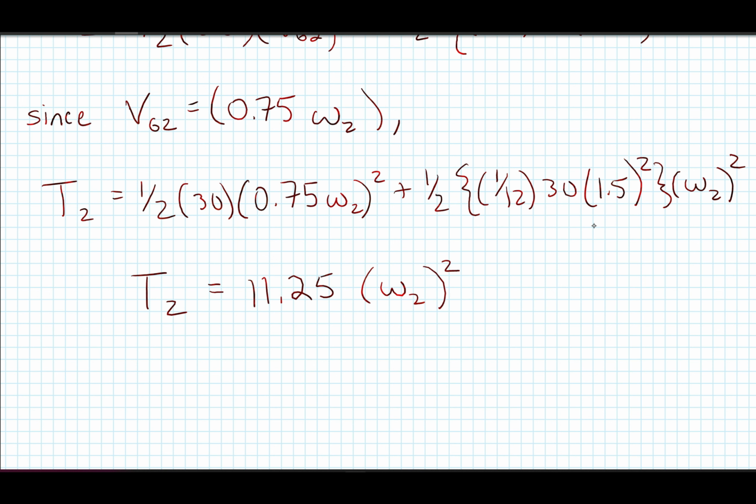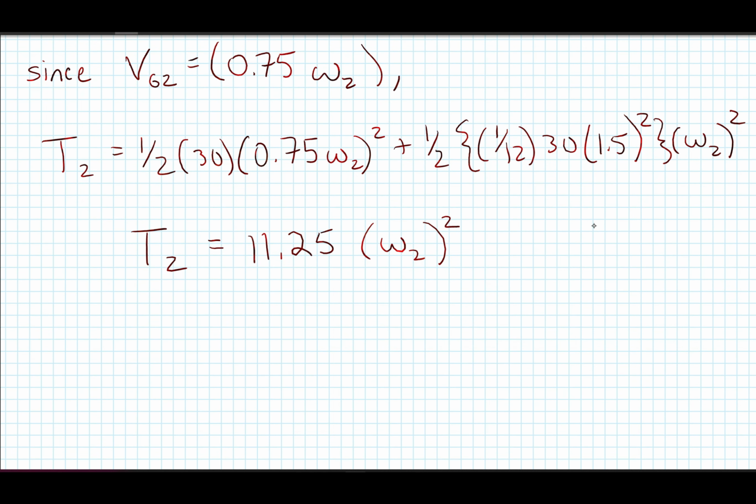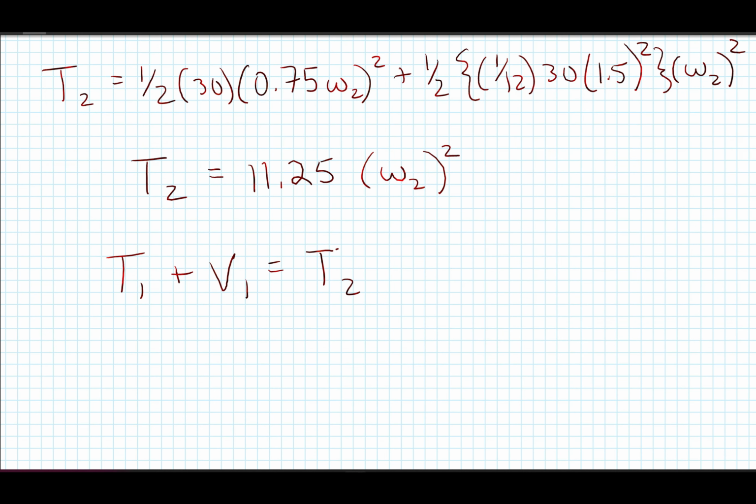All right, so now all terms in the conservation of energy equation have been formulated. So let's write the general equation of conservation of energy: T sub 1 plus V sub 1 equals T sub 2 plus V sub 2.